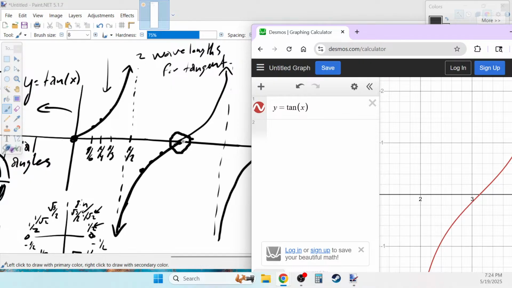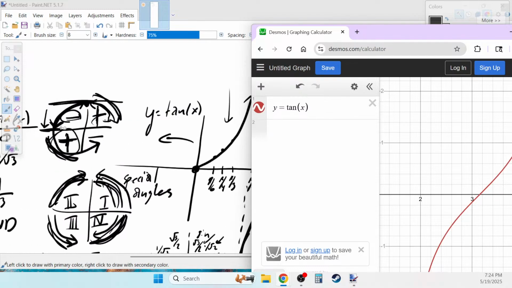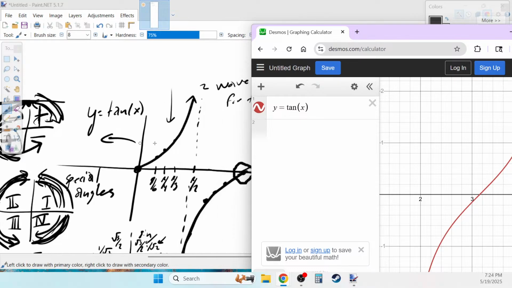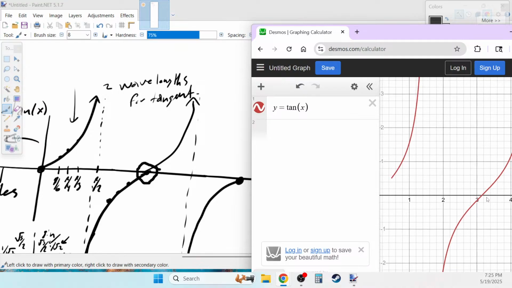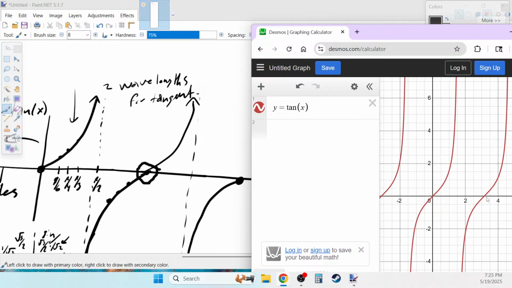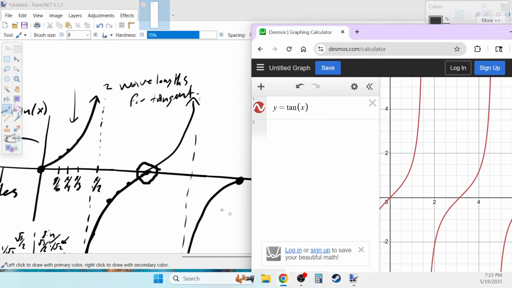This should be at pi based on our unit circle. Have that hitting at the angle 180, which is pi. This is at pi, 0. And we look over here, and we see, sure enough, a little more than 3. We have our root. So that looks good.